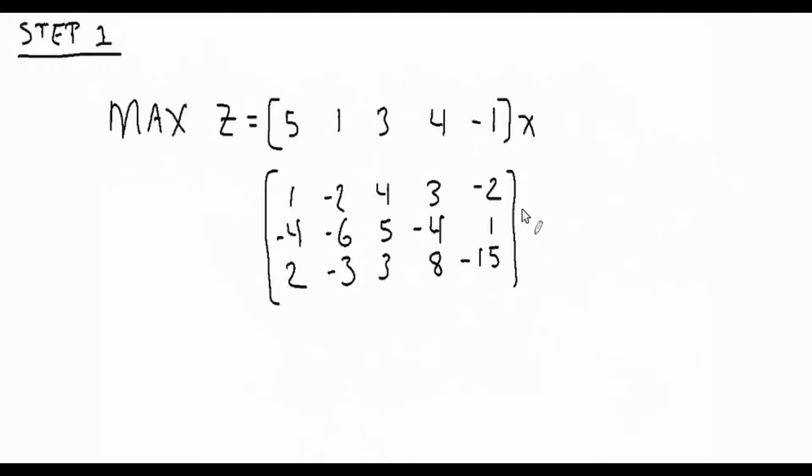Then we have a column vector x, and this is where we write down that the first constraint is an equality, the second one is a less than or equal to, and the third is a greater than or equal to. On the right hand side, we do 20, 40, and 50.